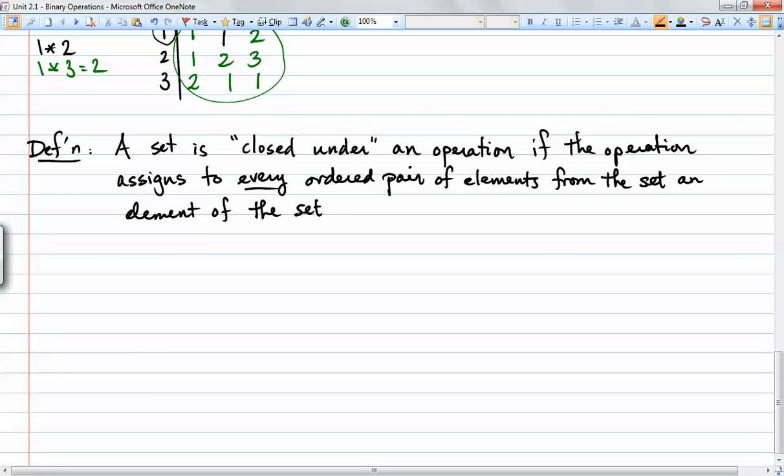So that means you take every ordered pair from S cross S and you assign to it something from S, which, if you think about it, the definition of binary operation implies that it's closed.